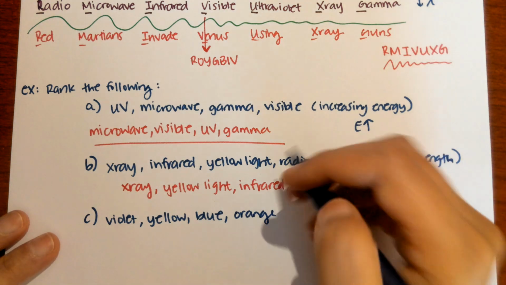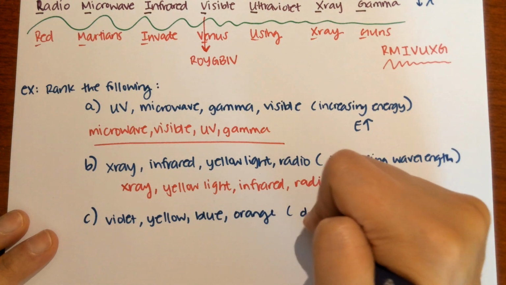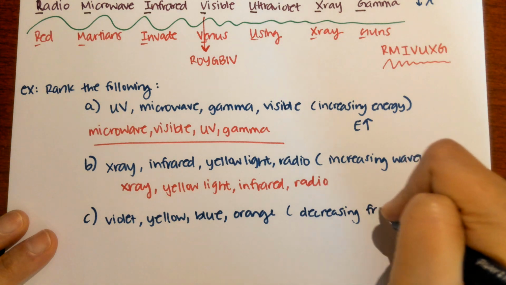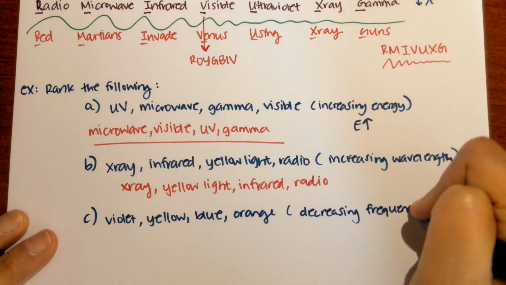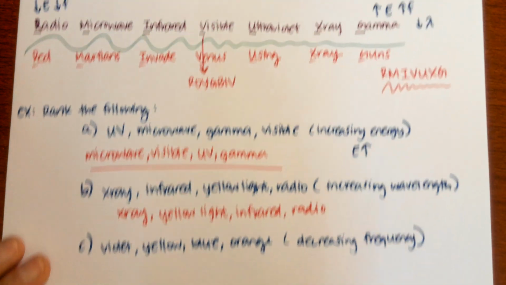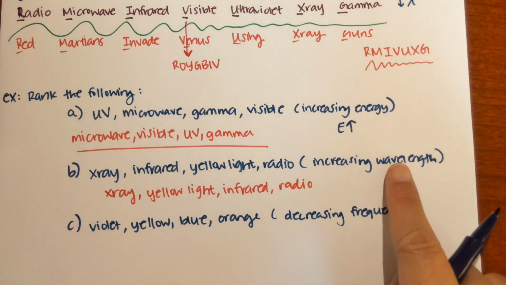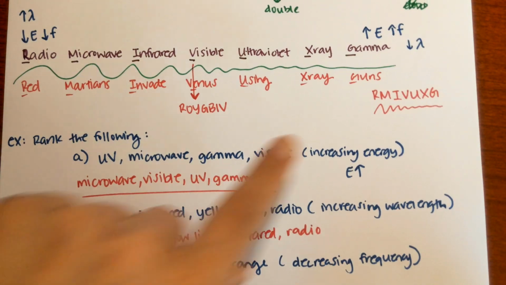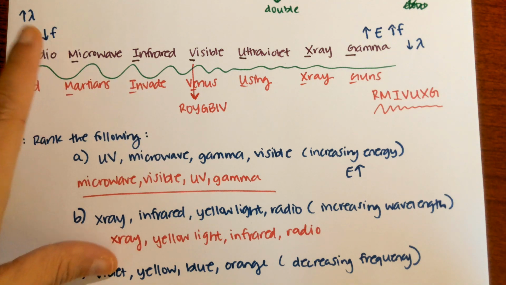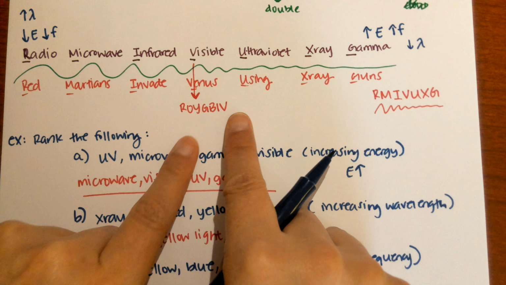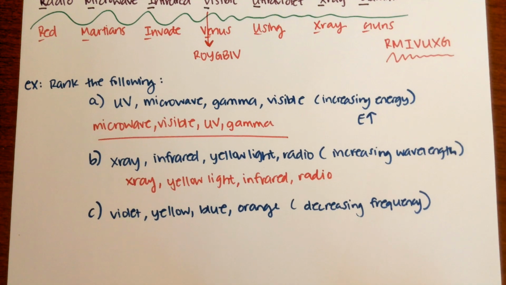And I want you to rank it based on decreasing frequency. The trend of this is the same. Decreasing frequency, frequency goes down. Based on the spectrum here, frequency goes down towards the left. So I'm going to go through ROY G. BIV, from violet to red, to rank it.